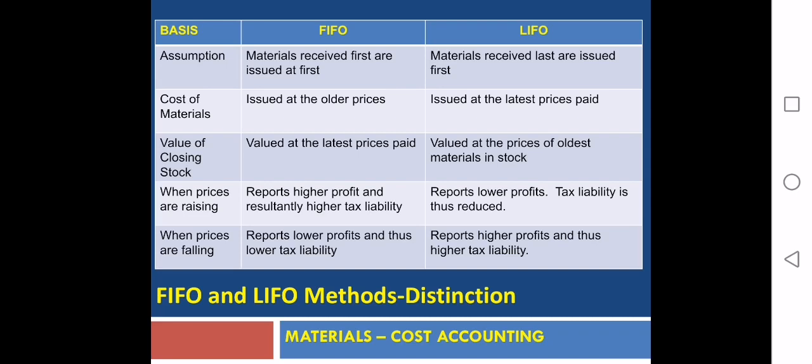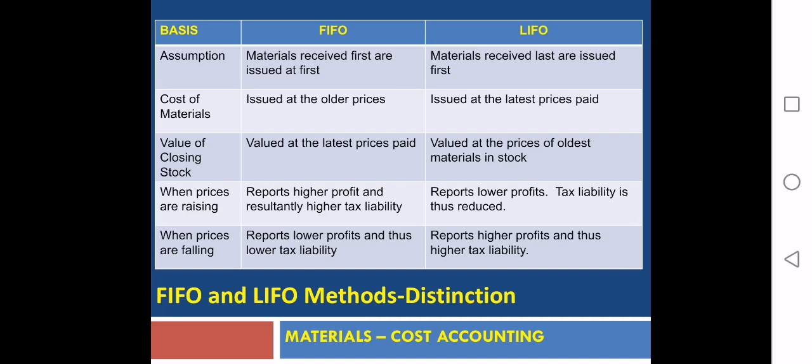So this is the most important aspect of our presentation, that is the difference between the two on various bases or criteria. Assumption: in FIFO, materials received first are issued first. In the case of LIFO, materials received last are issued first.